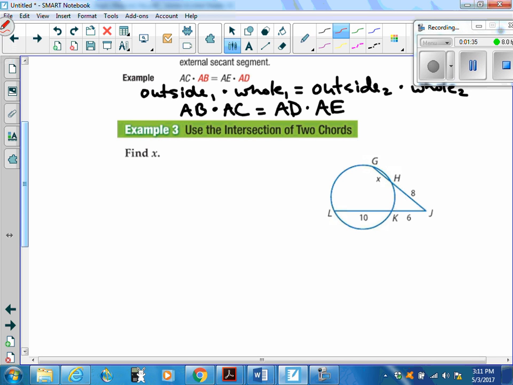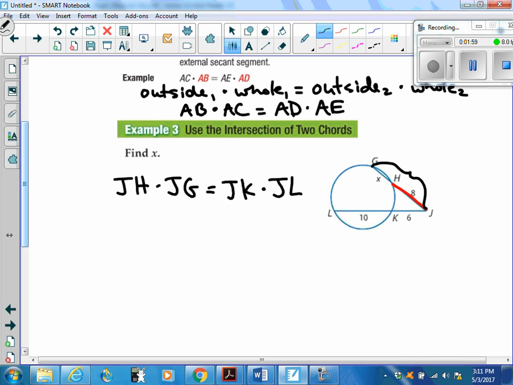The outside of our segment is JH, and the whole segment then is JG. And that's going to be equal to the outside of the second segment, which is JK, times the whole segment, which is JL.